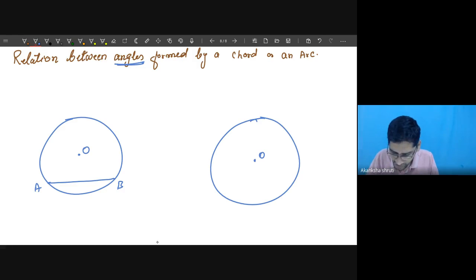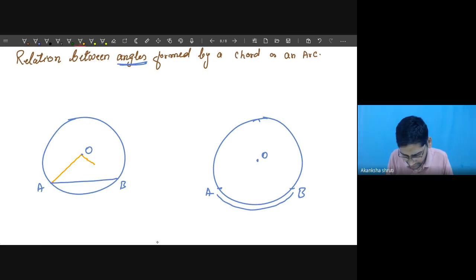Consider the center O, the point A, and the other one is point B. Then what are the different angles formed that I had explained? So angle may be formed at the center. So join A to O and O to B. Let us denote this angle formed at center by the symbol alpha.